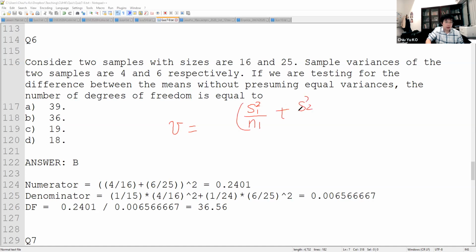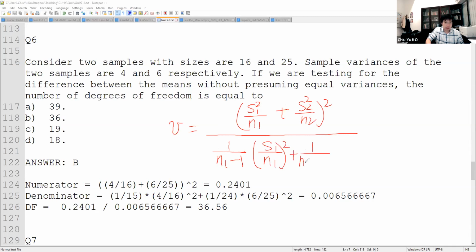Plus S2 square over N2 as numerator, and the denominator will be 1 over N1 minus 1, right? S1 square over N1 squared, plus 1 over N2 minus 1, S2 square over N2 squared. And once you calculate, you are rounding down. So round down, remember we are rounding down. So we get 36.56. So turns out you have 36, okay, instead of 37.